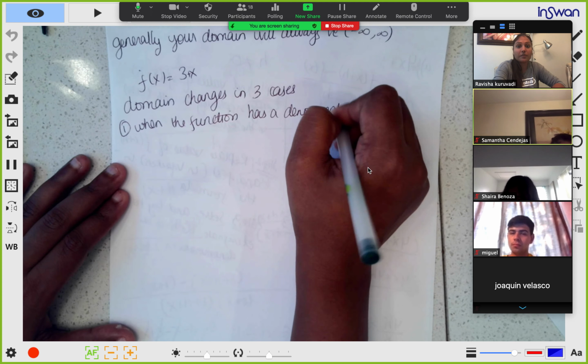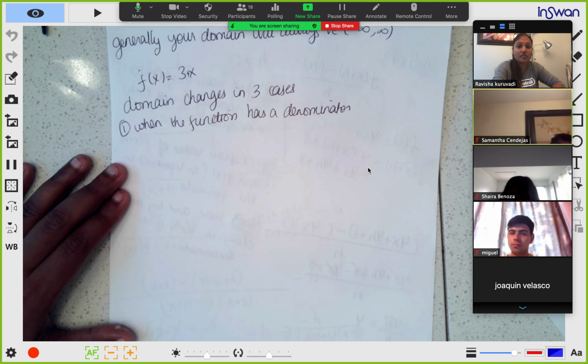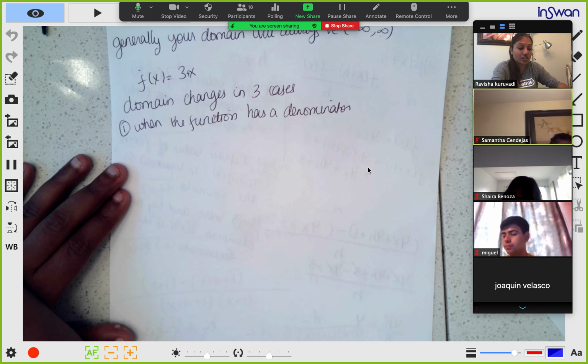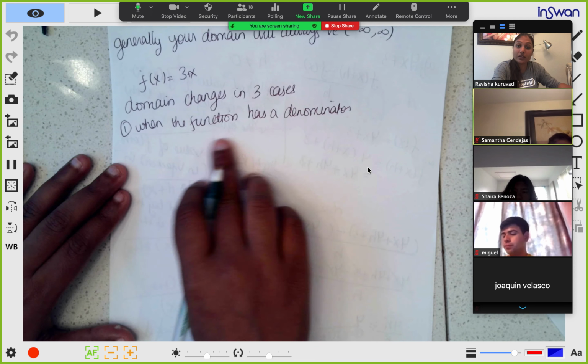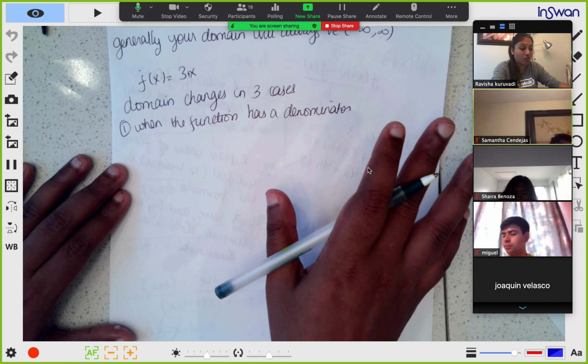Make sure you're making notes of all this, because in the book they don't write all this. So make sure you make notes of whatever I'm writing. Whenever the function has a denominator, my domain will change.